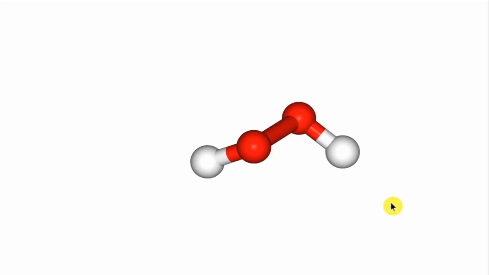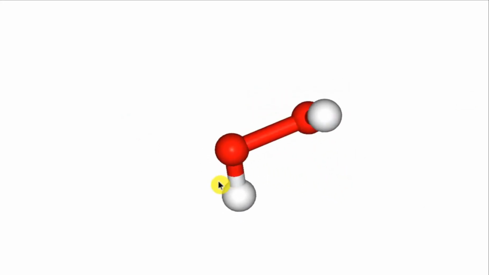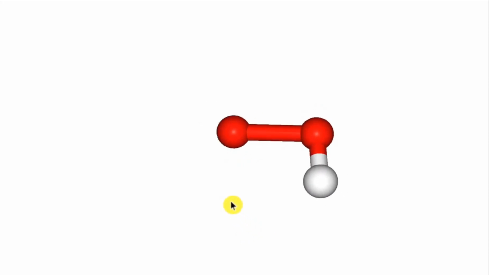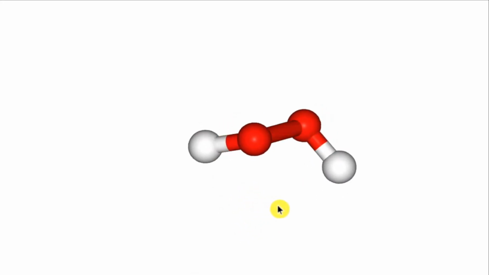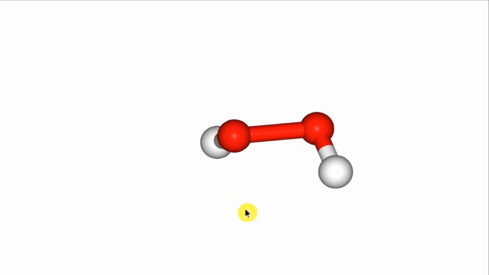Now let's come to the case of hydrogen peroxide. And we know that hydrogen peroxide has an open book structure. And in the last case we have seen, in the case of reflection, hydrogen peroxide doesn't possess any reflection plane. That has already been discussed. Now this hydrogen peroxide has a rotation axis. Can you find the rotation axis in hydrogen peroxide? See, it's an open book structure.